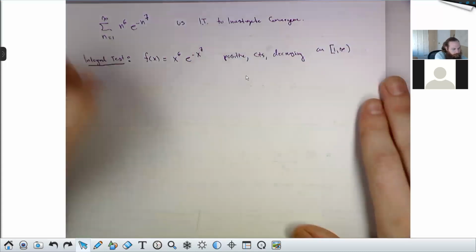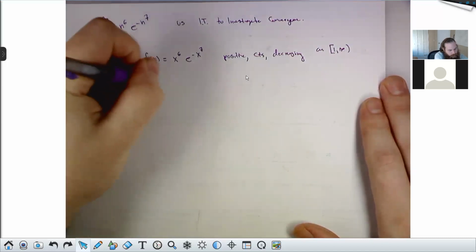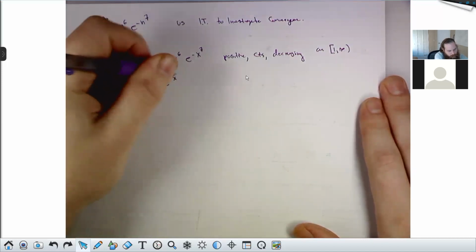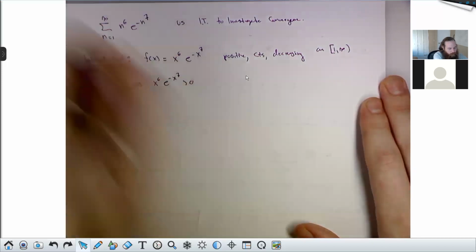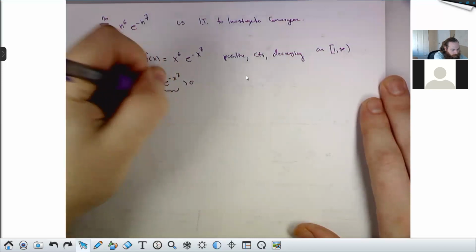So positivity. f of x is greater than 0. Well, that means x to the 6 times e to the negative x to the 7 is greater than 0. Exponentials are always positive.